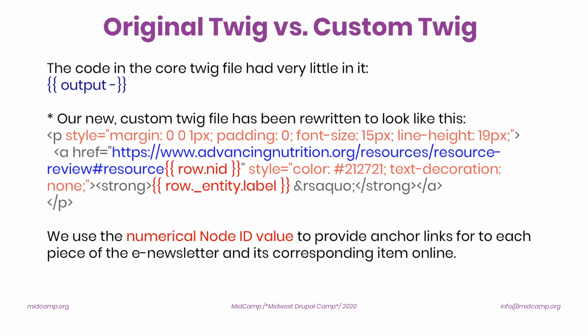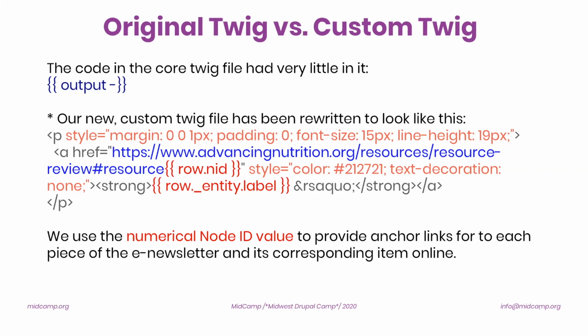But then I also have a new field that I'm grabbing here, curly brackets row.nid, the node ID. And that's just a number that is unique to every piece of content. And the reason I'm using that here is because it provides a unique anchor link back to the website for every piece of content.